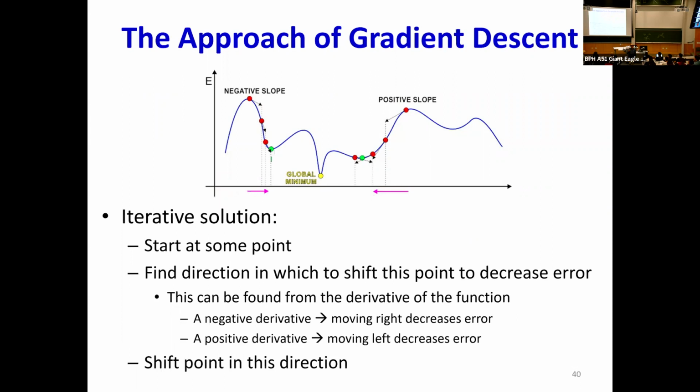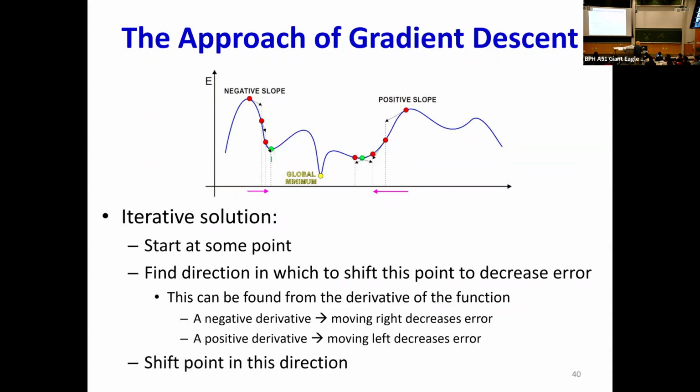If the function has negative slope at that point, then would incrementing x reduce the function or increase it? It would reduce it, right? So if the function has negative slope, I take a step forward. If the function has positive slope, then would increasing x increase or decrease the function? Which direction do I step? Take a step backwards, right?